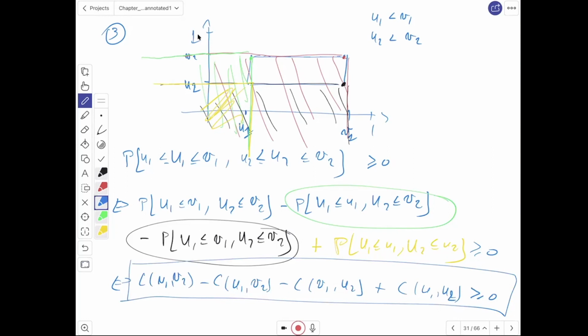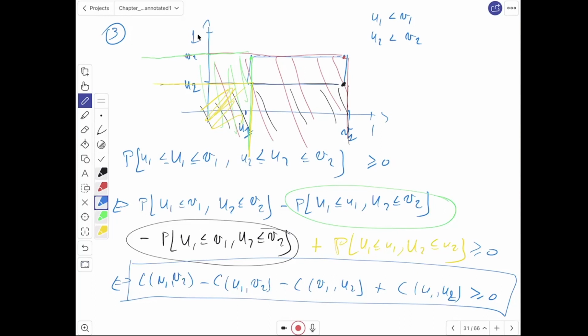So now, this slide gives you 3 conditions, 3 constraints that you have to put on your function C, right? Which we derived as a consequence from the fact that C is a joint CDF. So we said if C is a joint CDF of a random vector with uniform marginals, then it follows that condition 1, condition 2, and condition 3 has to hold. That's what we did.